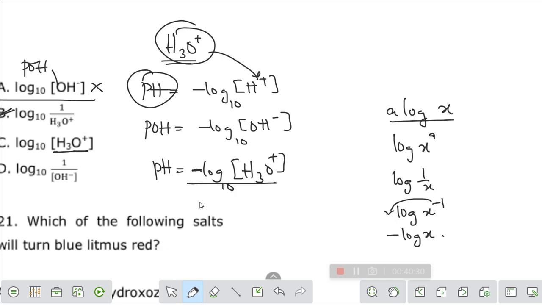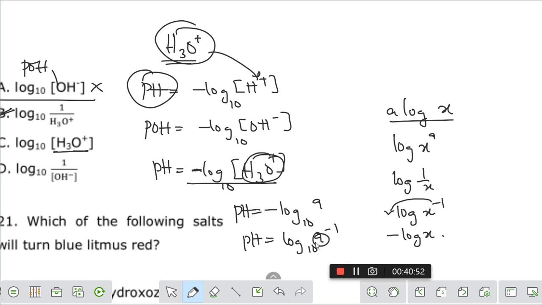So the same thing with this one too. Let me represent this H3O+ with a. It will now be pH equals minus log base 10 of a. I'm representing it with a. So pH now equals, bring this minus 1 to the top, log base 10 of a raised to power minus 1. Do you see now? Let me return a back to H3O+.